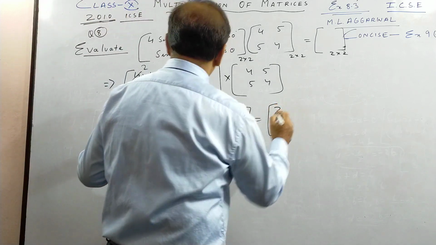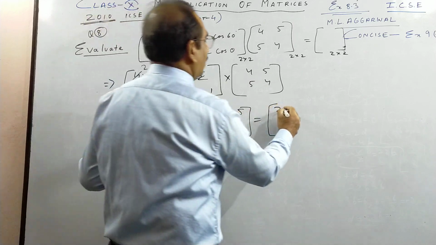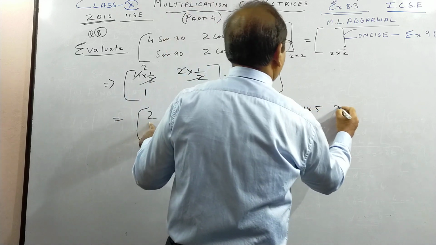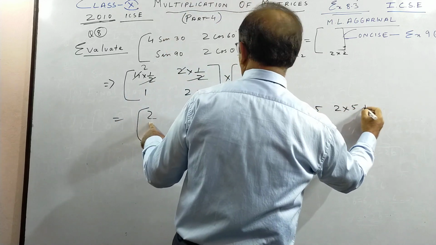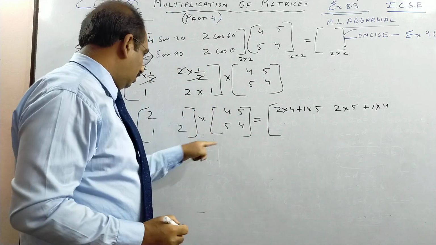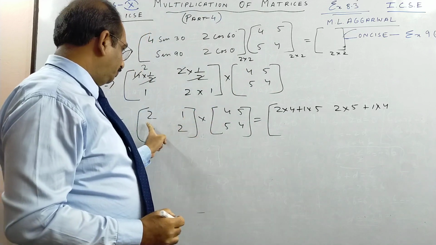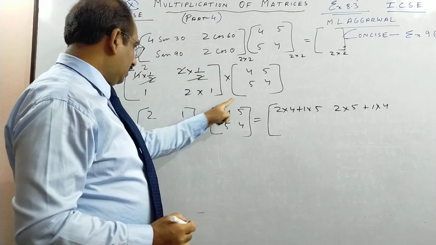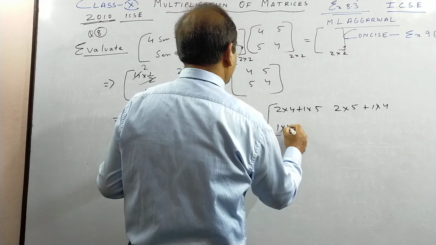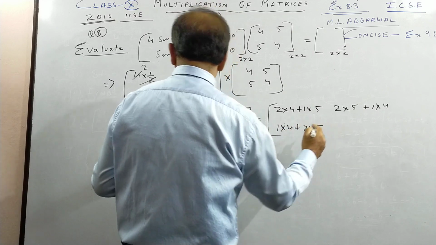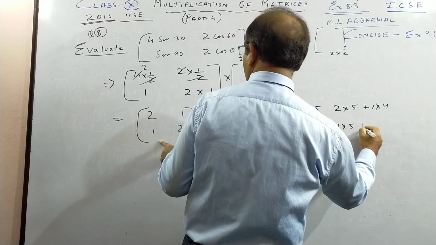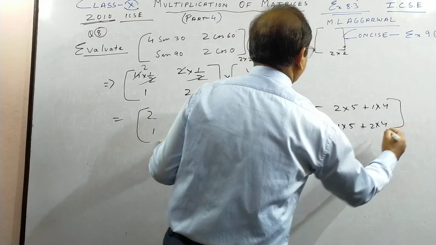So let us see first row with first column: 2 into 4 plus 1 into 5, 2 into 5 plus 1 into 4. So first row with first column, first row with second column, second row with first column, and second row with second column.